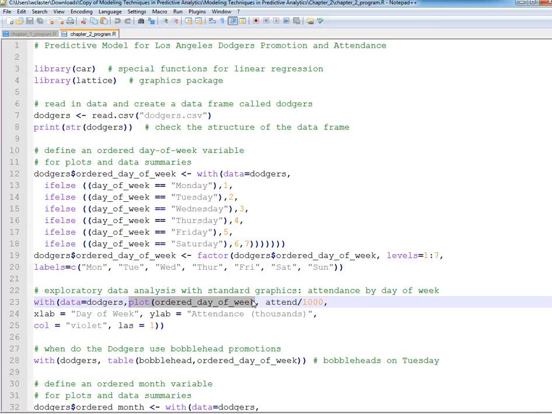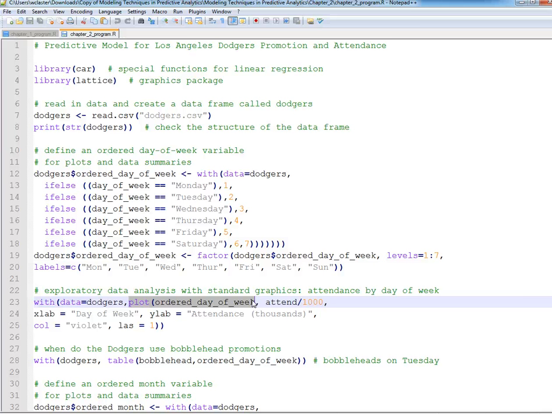Now, it's a little bit technical, but when you run the plot function, if what you're putting in is one type of structure, it'll do one thing. If it's a different type of structure, it'll do something else. So if it's a vector, it'll do one thing. If it's a factor, it'll do something else. And when we say do something else, it actually calls a different function to do it.